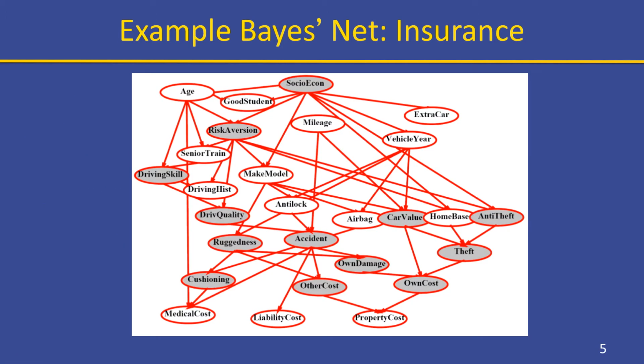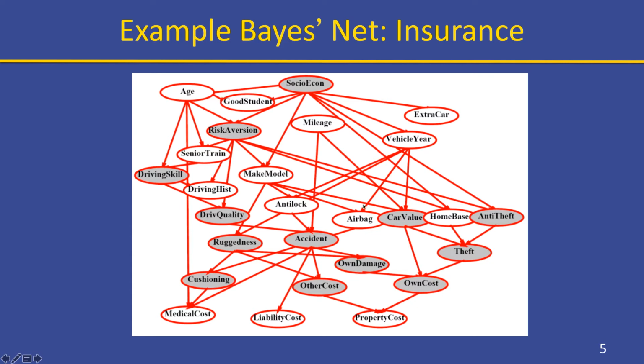Here's a Bayes net that represents a car insurance domain. It's used by insurance companies to estimate medical costs, liability costs, and property costs for each driver. There are 27 random variables involved here. Some of these variables are known, like the age of the driver and the mileage of the car, and some are not directly known.